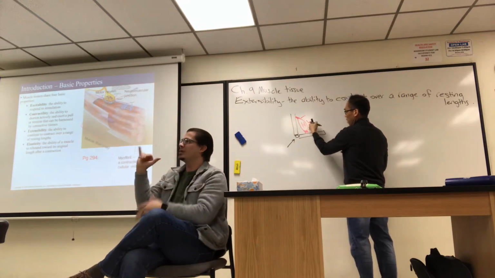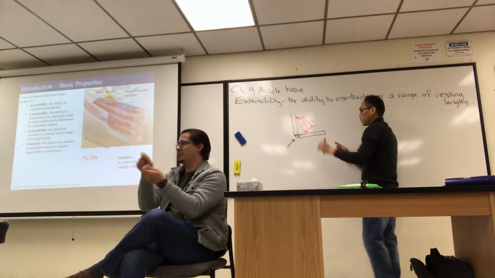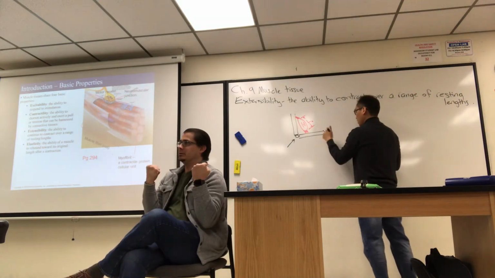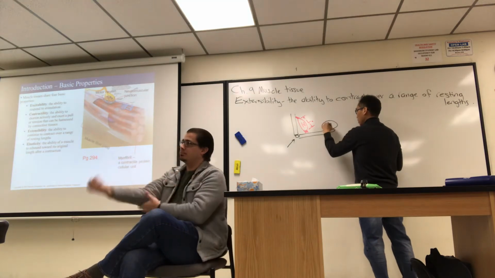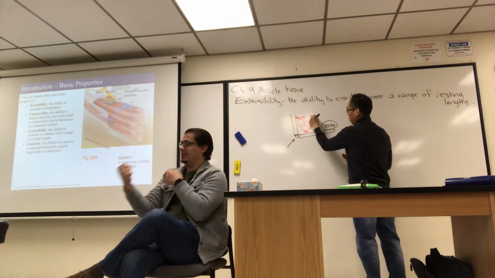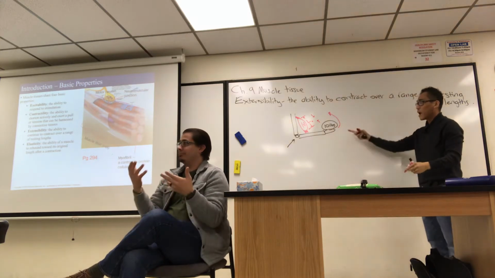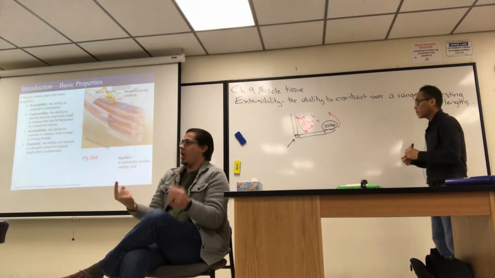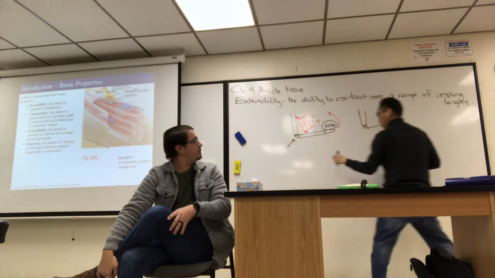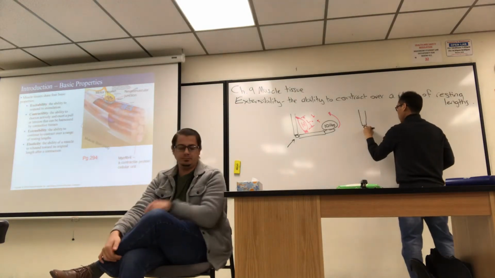Usually you use length L sub naught, that little knot sign. But anyways, you can measure it to a certain length. And you can contract and lift a load and pretend you're holding a weight. When you contract, you shorten in a way that moves the load up. Now, you can extend the hinge joint a little bit. Let me draw them back here. Let's say like this.